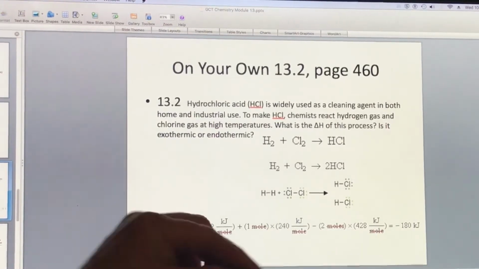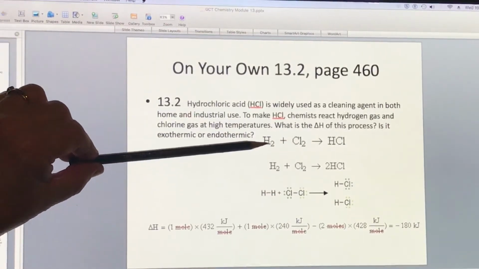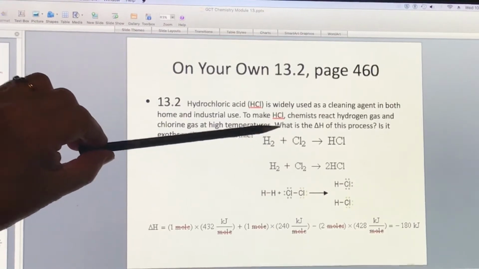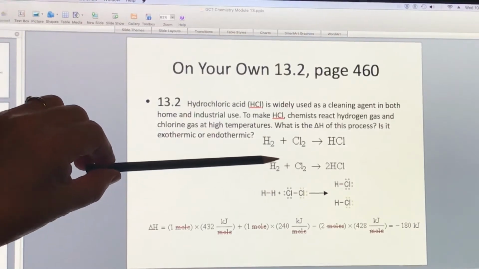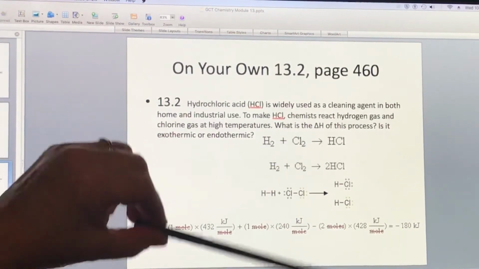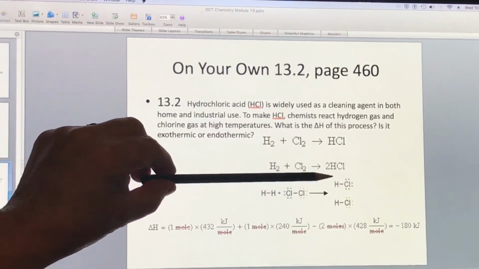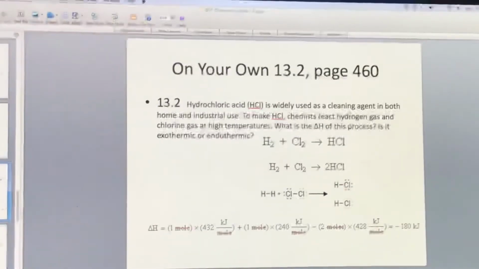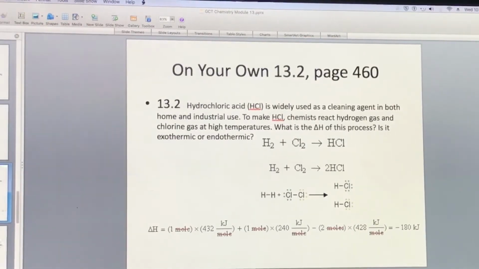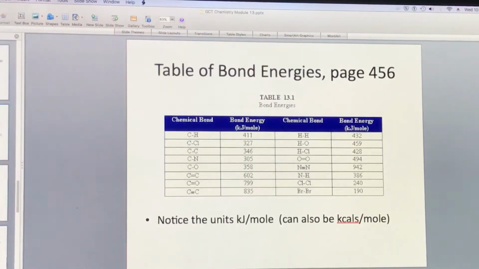So we start with our equation here. The hydrogen plus the chlorine gas, they're both homonuclear diatomic molecules, creating HCl. Then we need to balance the equation by adding a 2 to the product side. And then you create the Lewis dot diagrams for each one of these molecules. Then, again, you'd use the table that we referenced to look up the specific bond energies.